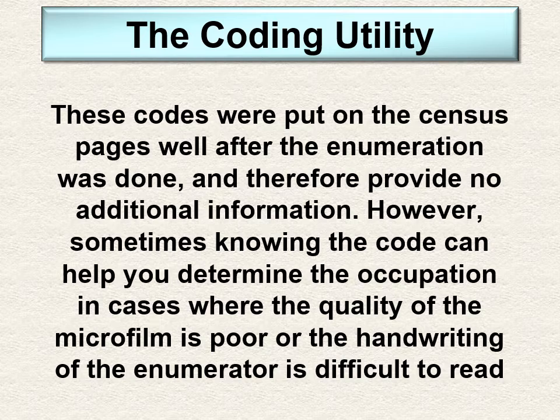People think there's some sort of hidden information there, and therefore provide no additional information from the person being enumerated. However, sometimes knowing the code can help you determine the occupation that the code refers to, and there are other codes as well, not just occupation, where the quality of the microfilm is poor or the handwriting of the enumerator is difficult to read.